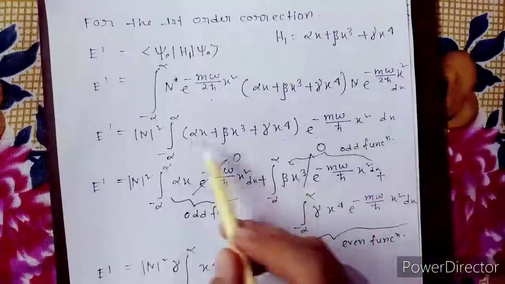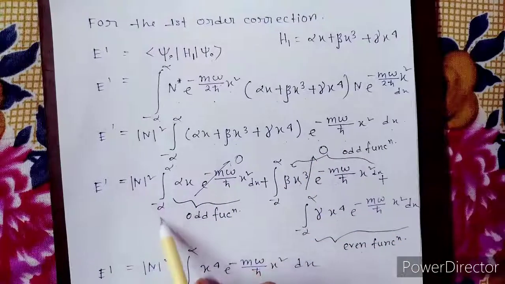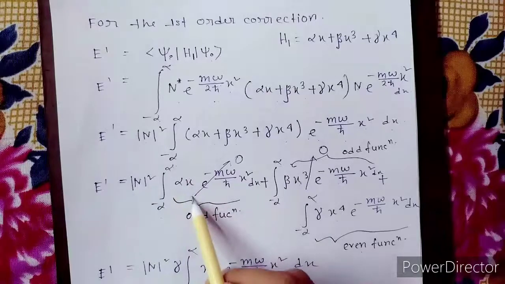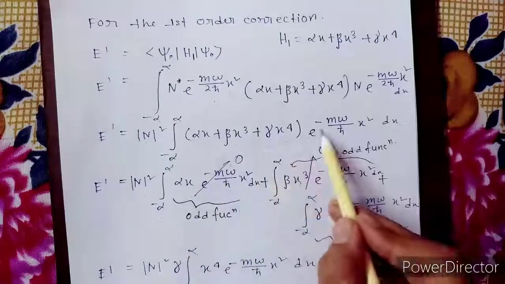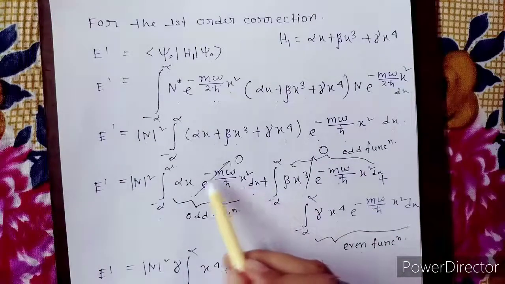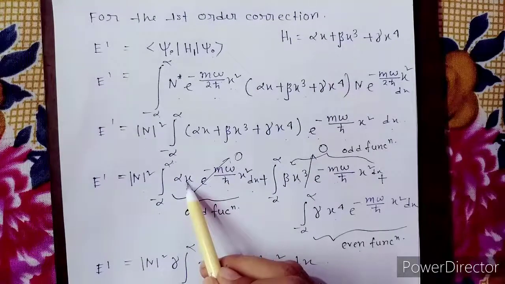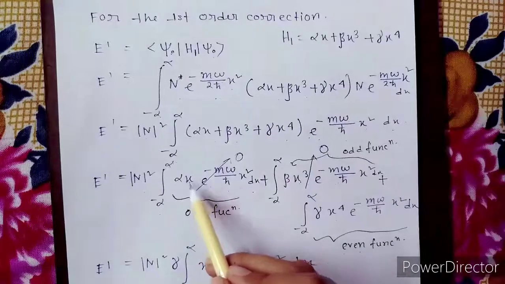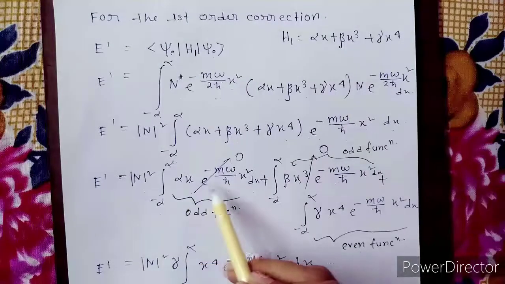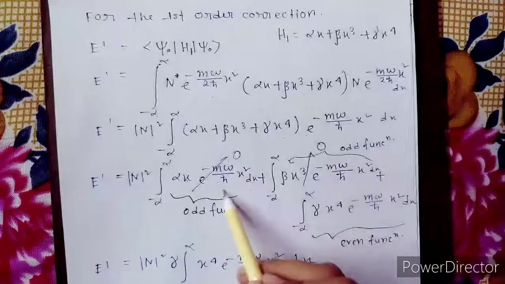Now in the next step we separate all these three terms. The first term is |N|² integral from minus infinity to infinity of αx e^(−mω x²/ħ) dx. In this term x is an odd function, because if we replace x by −x we get −x, and e^(−mω x²/ħ) is an even function.